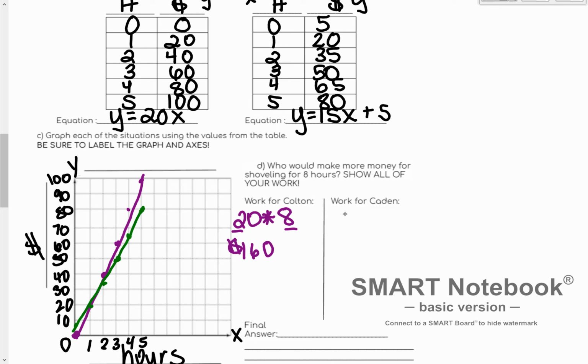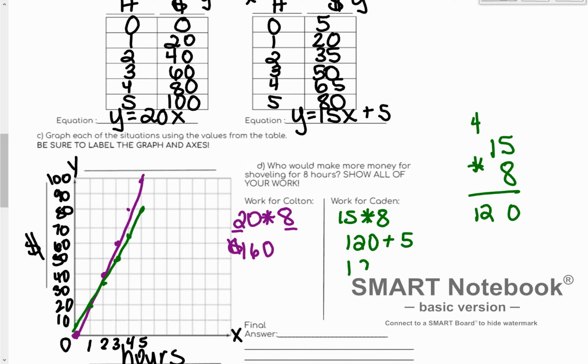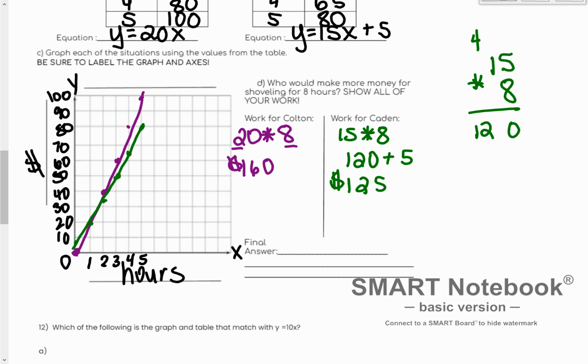He makes $15 an hour, so we do 15 times 8 to get how much he would have for those 8 hours. We would just stack those to multiply. So he'd make 120 plus the 5 for gas money, so he would make 125. So if we want to know who makes more money shoveling snow for 8 hours, it would be Colton.